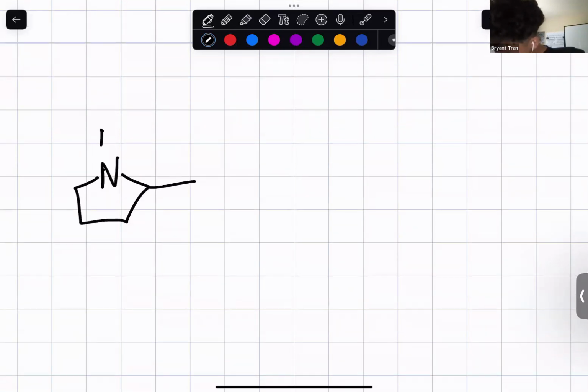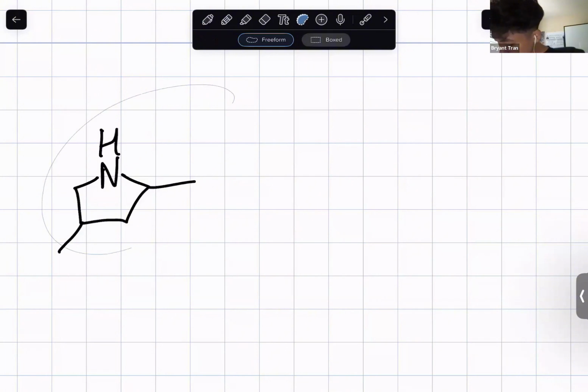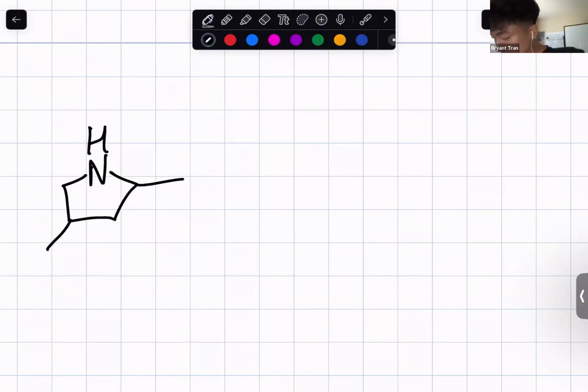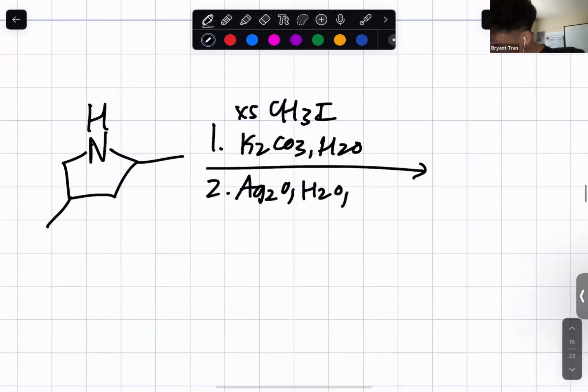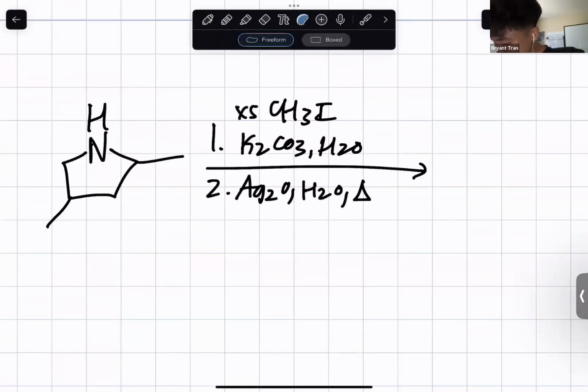All right, let's say this is hydrogen, and we have that, and then we are going to react it with the Hofmann elimination reagents, where the first step is excess CH3I, K2CO3, water. Second step is Ag2O, water and heat. Okay, describe to me how you would approach this problem.